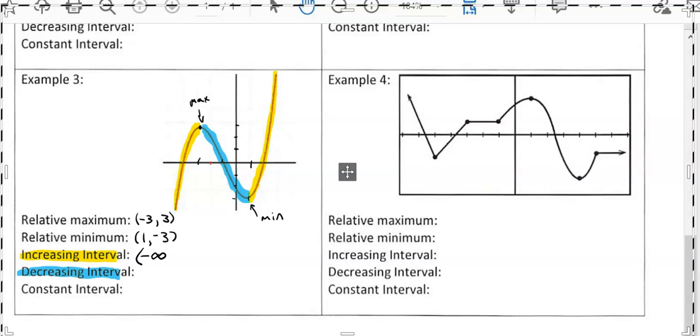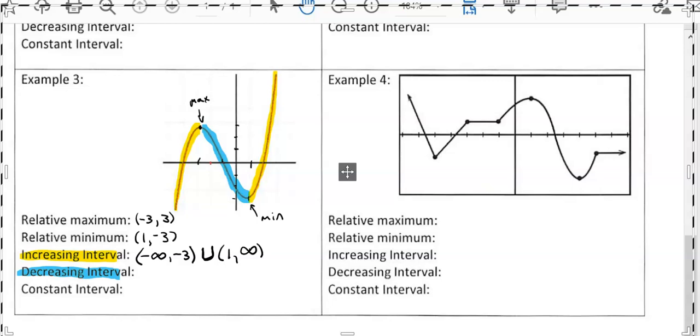-infinity till we get to -3. And then we have this U looking symbol here, and it means union. And then we go from 1 to positive infinity. And there's both of those intervals where it's increasing.